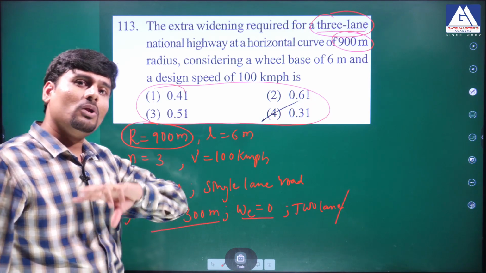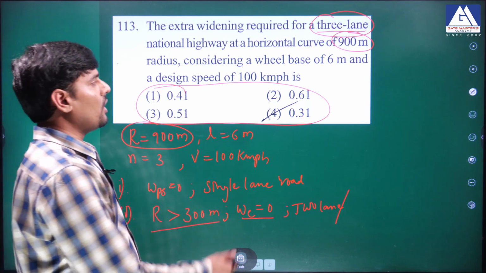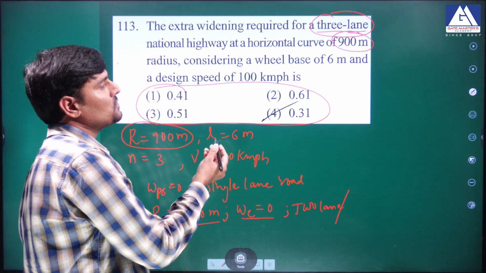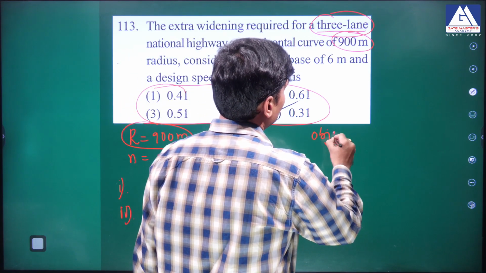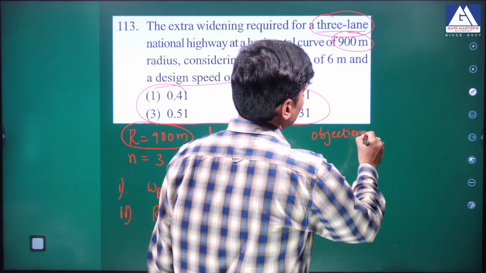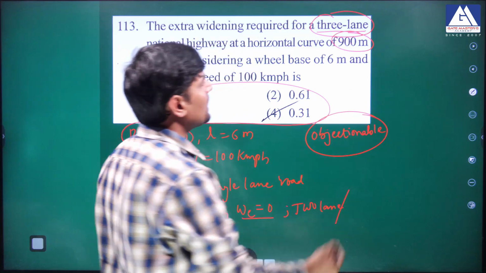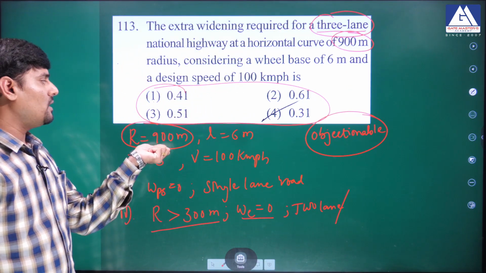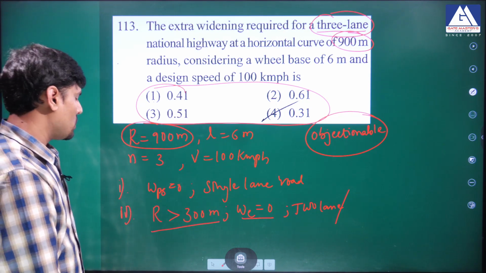Whether you calculate a combination of the two, you don't get these options. So any option can be taken as the answer for this question, or otherwise if somebody wishes to raise an objection, this question is objectionable, because the question itself indicates that the radius is 900 meters, and for a radius more than 300 meters extra widening is not required.